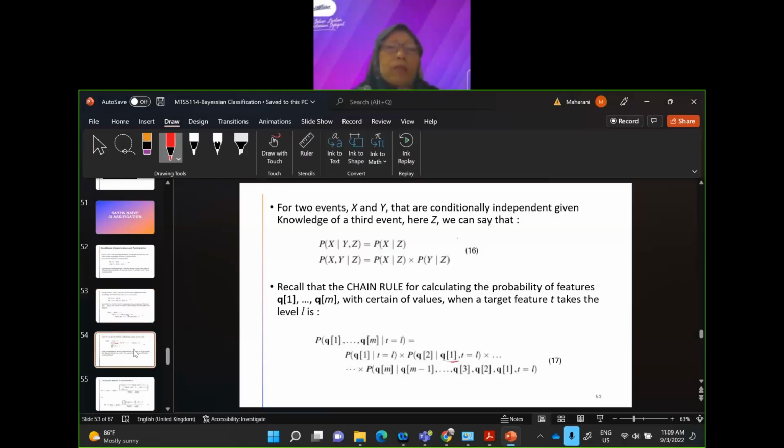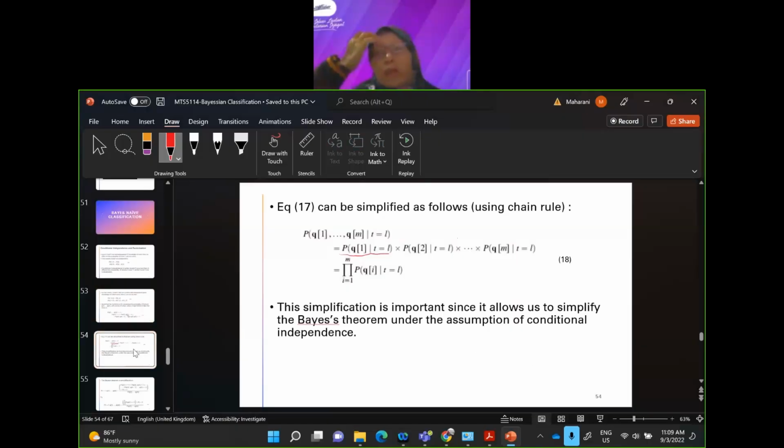But now since we assume the conditions are independent, we have equation 18. There is no more Q1 in Q2, and no more Q2 in Q3. In QM, we don't have QM minus 1. So it means they are independent. Very simple formula now.